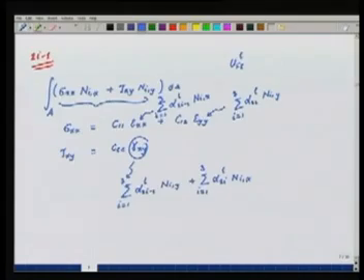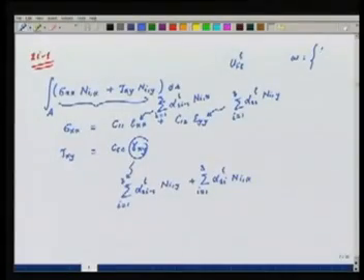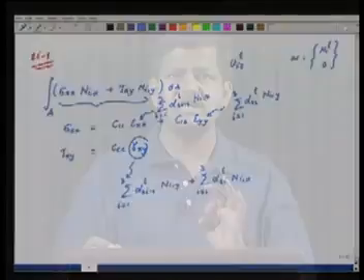So what am I trying to get at? Corresponding to the choice W equal to N I of the element, I can explicitly get the stiffness entries in terms of the derivatives of the N I's and the N J's. So how will I do it?